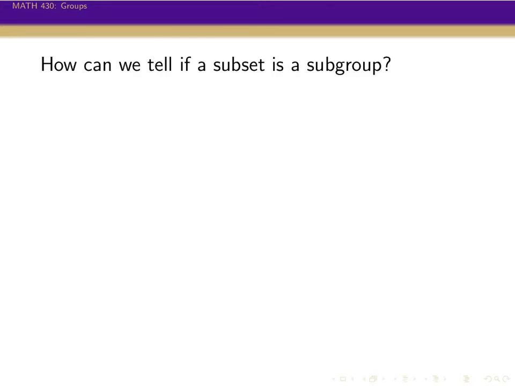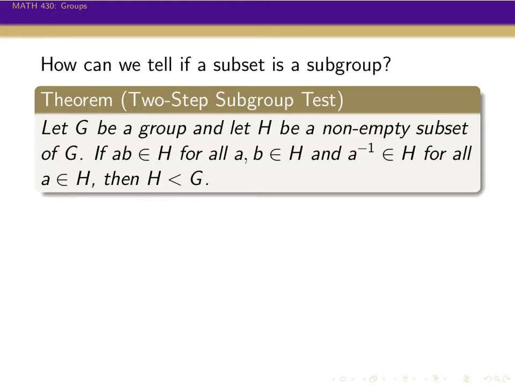So, given some subset, how do we tell if it's a subgroup? Do we really have to go through and check all of the properties of the group? And the answer is not really. It turns out that of all these things that we're checking, we really only need to check two. So if we let G be a group and let H be a non-empty subset of G, then to show that H is a subgroup, we only need to check two things.